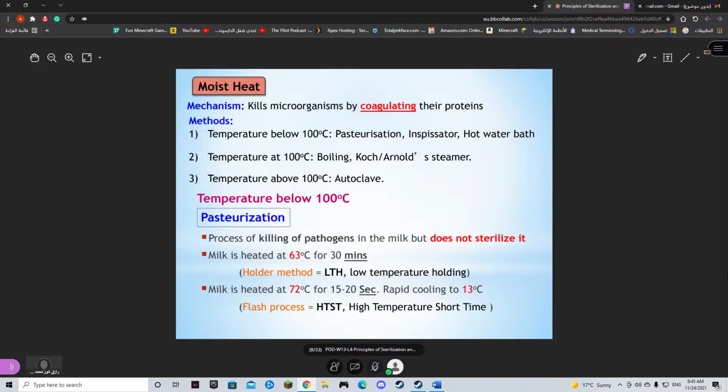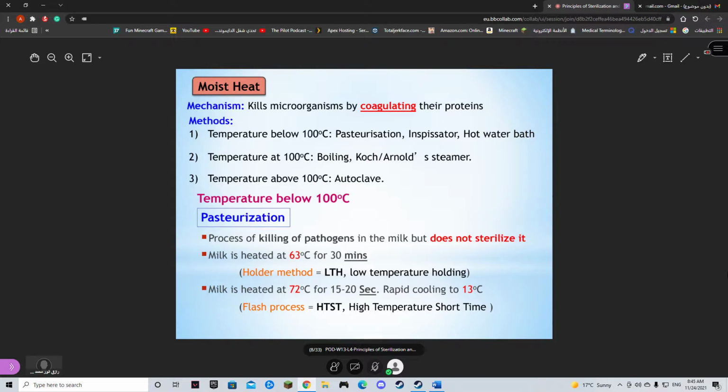Now come to moist heat. It's very important, because there you can very easily kill and destroy spores, since moist heat works by denaturation, especially of proteins. The very famous instrument is the autoclave.